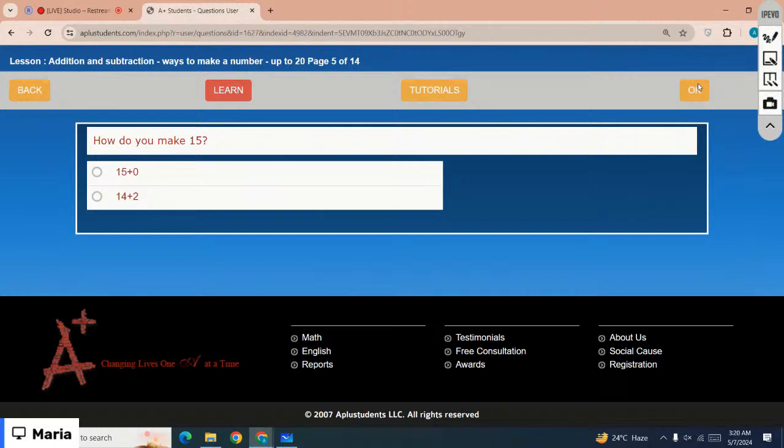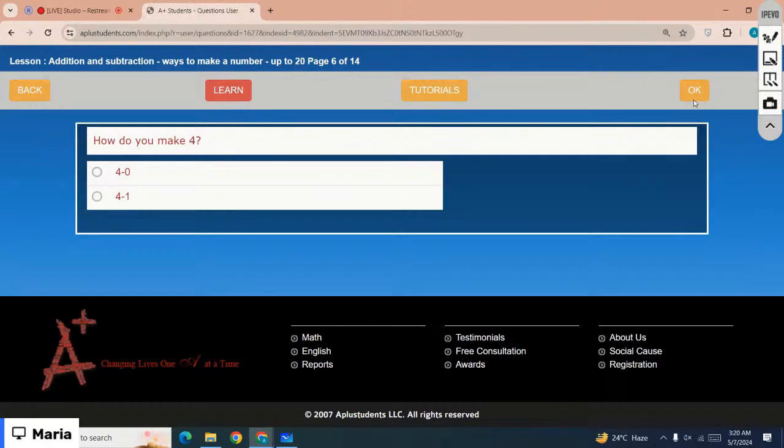Option number 1 is the correct option. 15 plus 0 is 15. That means when you add 0 to any number, the number stays the same. So 15 plus 0 is 15. That is the one that makes 15.